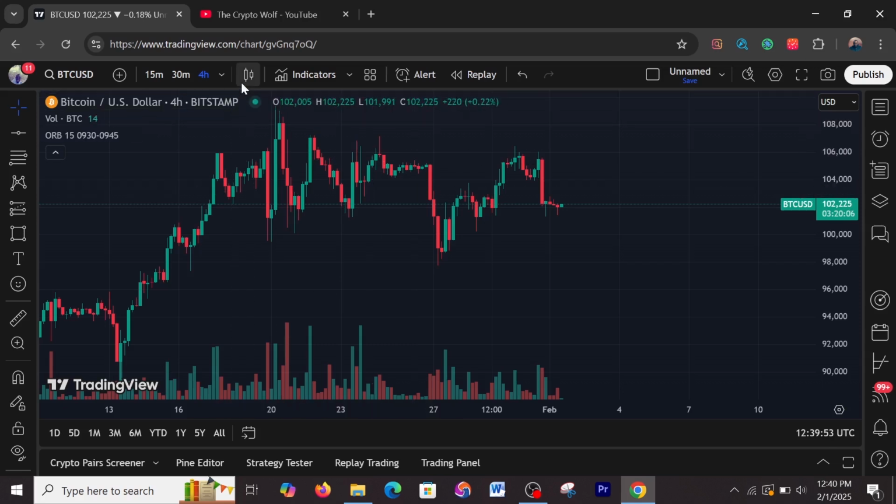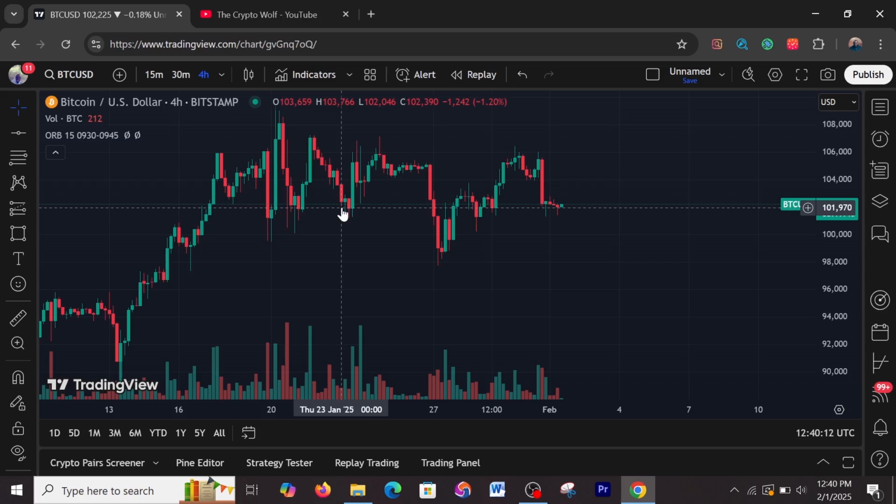To use this indicator, if you set your time frame to 4 hours, believe me, you won't see anything, because the goal of this indicator is to show you the price range for the first 15 minutes of the trading day.